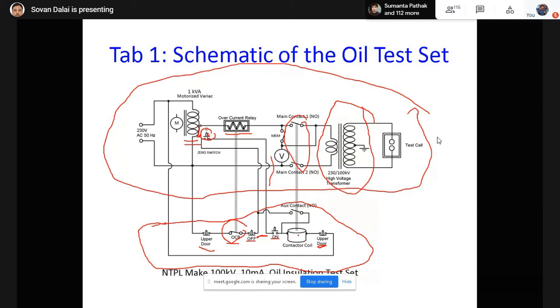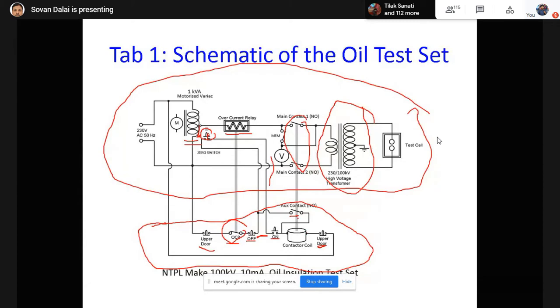After energizing this contactor coil, automatically these three contacts act. One contact is required to maintain the continuity in the control circuit, because this is a push switch. Normally, when you remove your finger from this switch, that path is open, so that path is bypassed through this auxiliary contact. When this contactor coil is energized, the three contacts are mechanically connected.